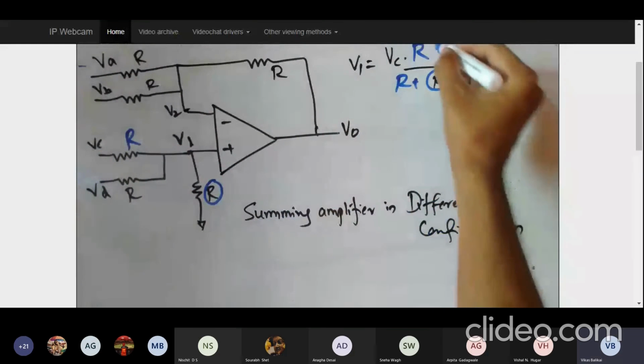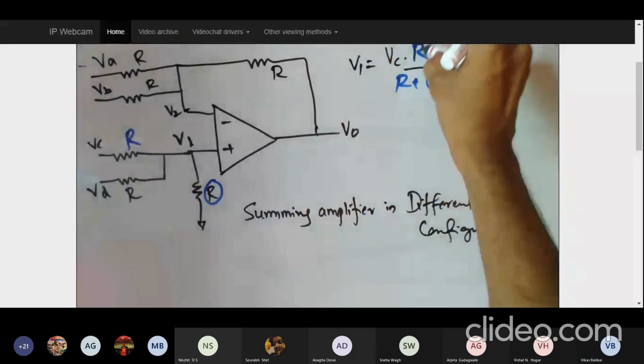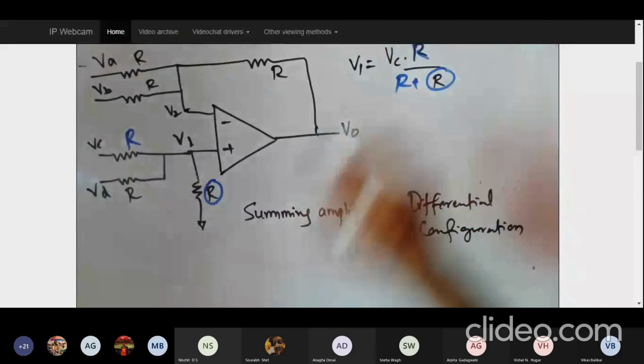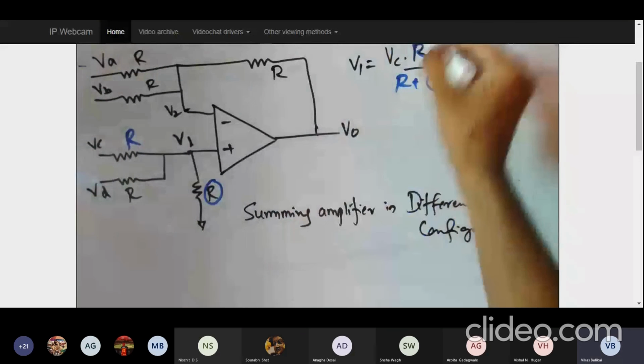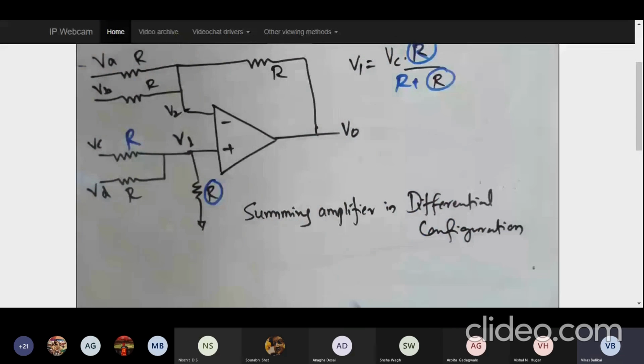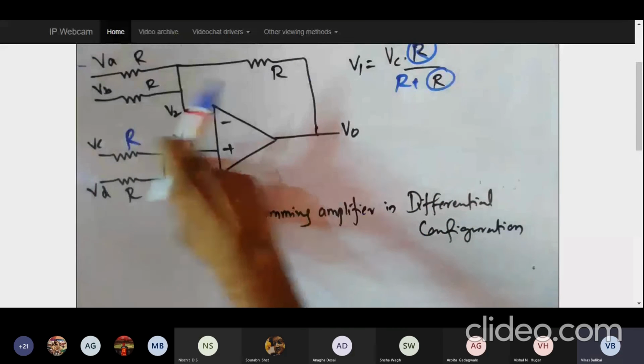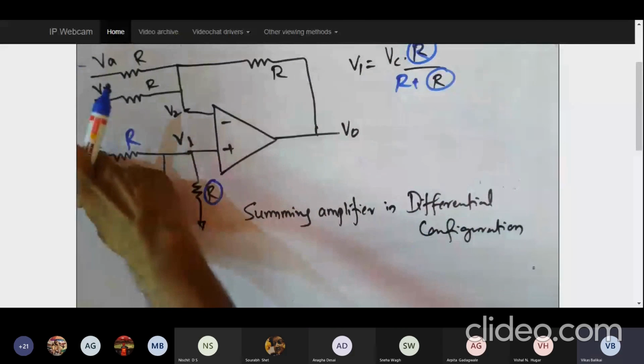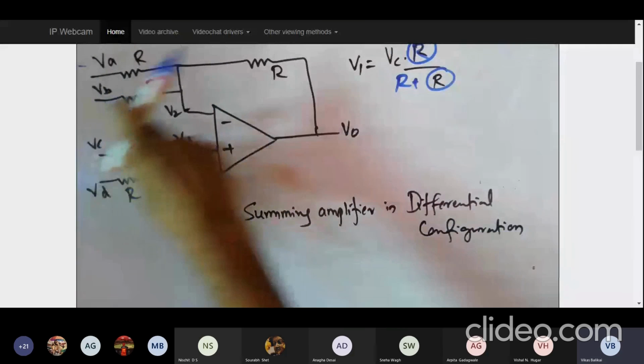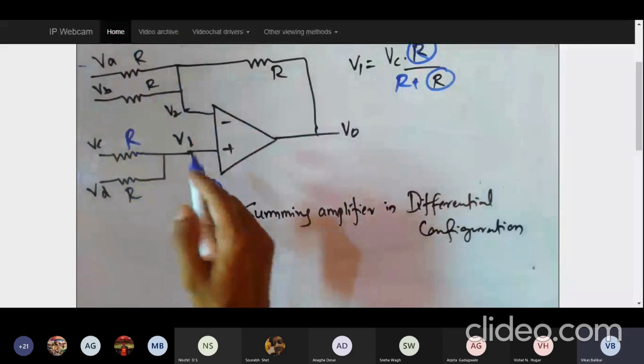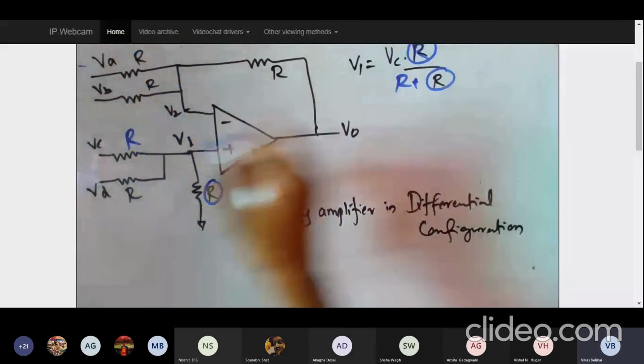So this has to be, look here, voltage across this R multiplied by VC, that is R multiplied by VC divided by this R plus R. So that will fetch me the value of V1 with respect to VC.